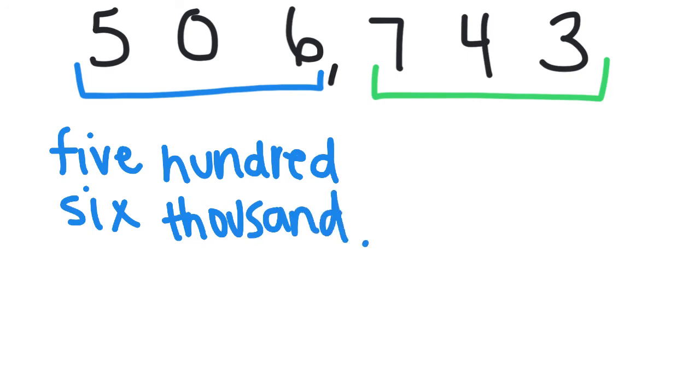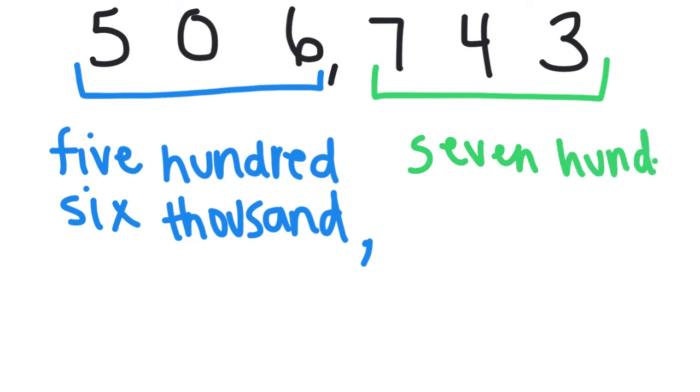506,000, comma, and now I need to say the after the comma, 743. How would you say 743? You would say 700. That's supposed to be a D. 700.